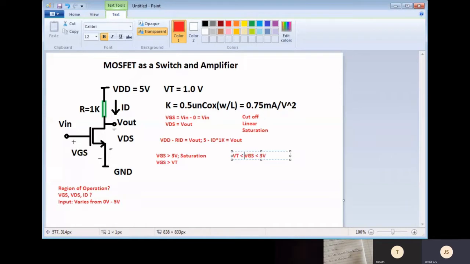So this range is going to be linear region. This is what I get, sir. Then cutoff region would be? Cutoff is VGS less than VT, so VGS less than VT equal to 1 is cutoff.